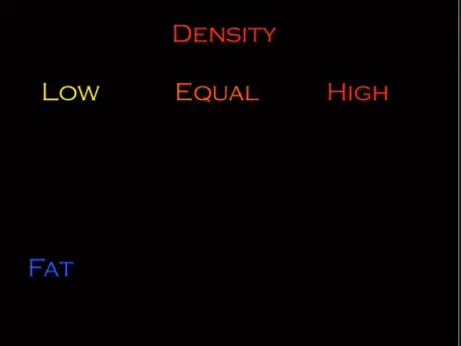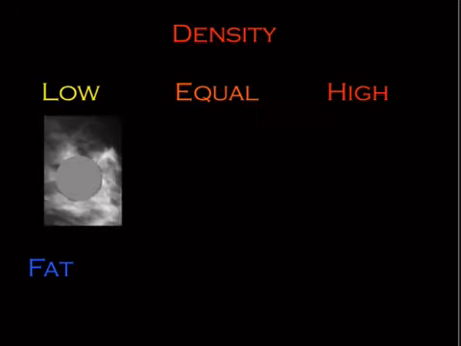The densities are described as either low, equal, or high, and then there's a distinct group of entities that are fat containing, and when you call something fat containing, you are essentially calling it benign. And this is all relative to the background parenchyma of the breast. So breast has either got parenchymal tissue or it's got fat tissue, and it's variable depending on the person.